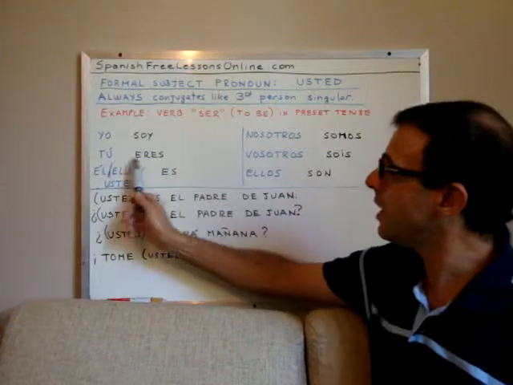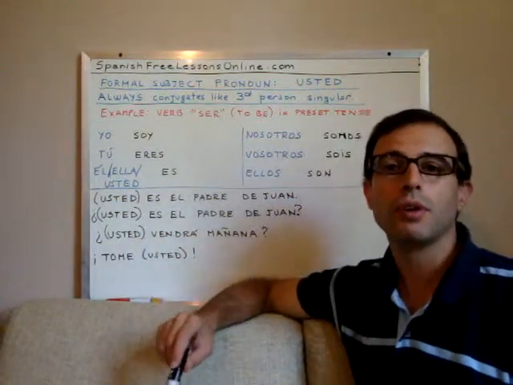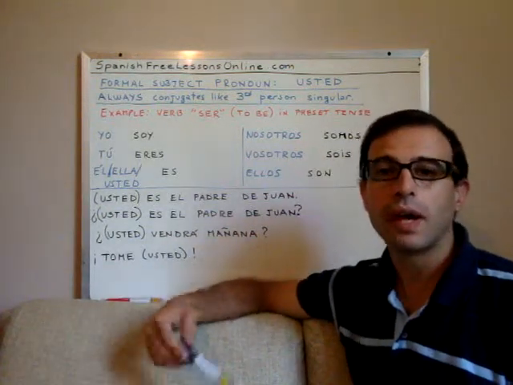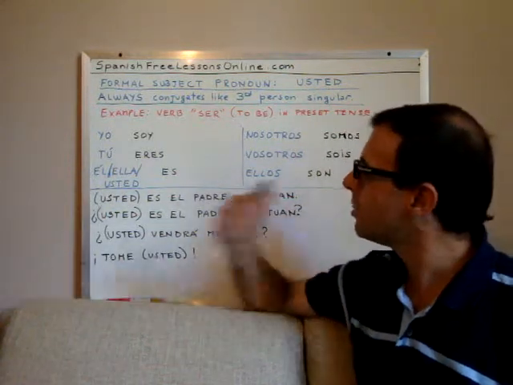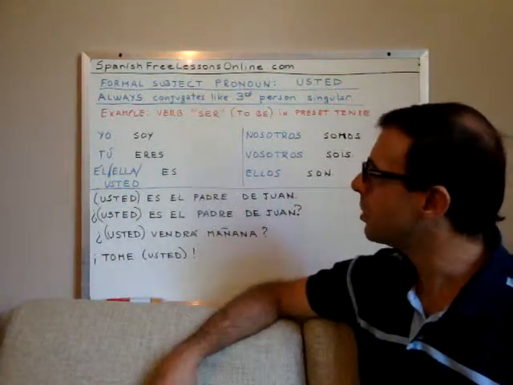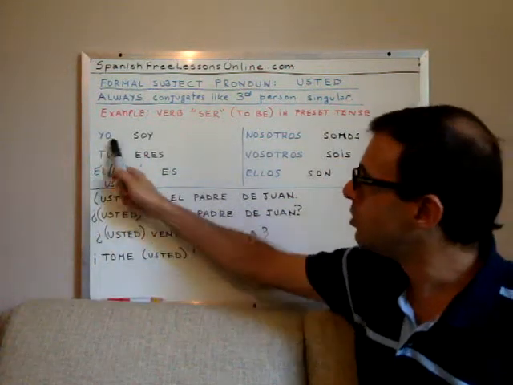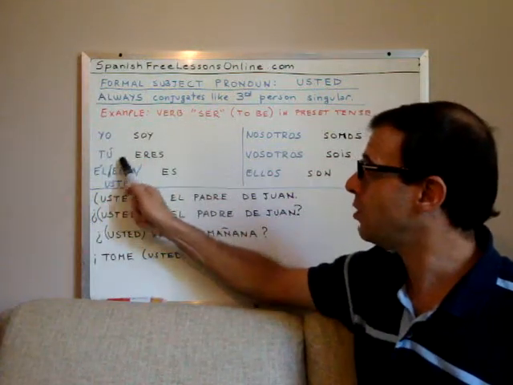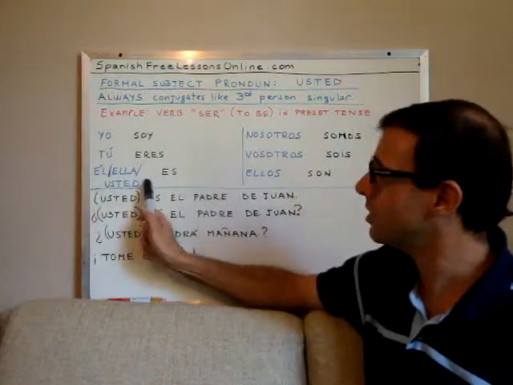And I say exactly the same for all the verbs, for all the verbal conjugations, for questions and answers. So always, right? That makes it very easy. You just need to remember that usted, that would be you, but formal, will conjugate like he or she, okay?